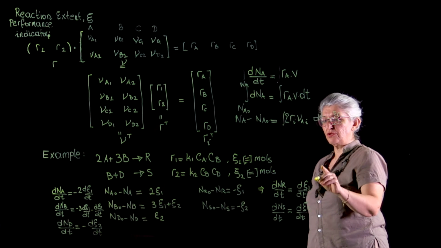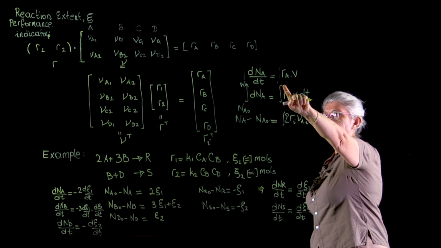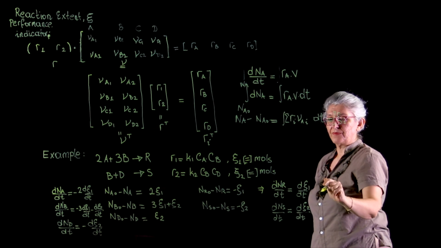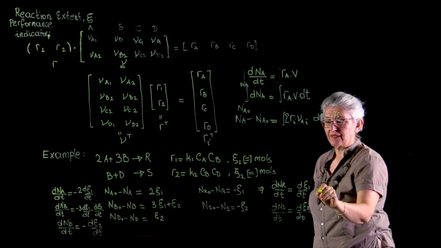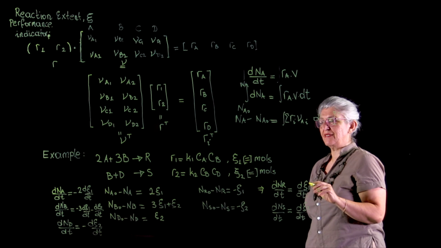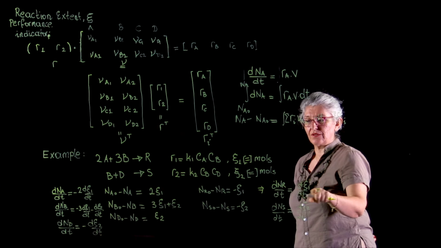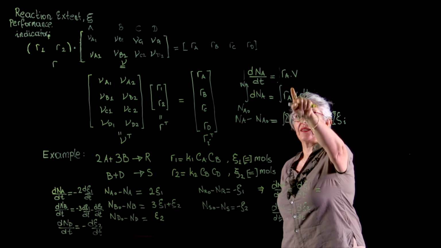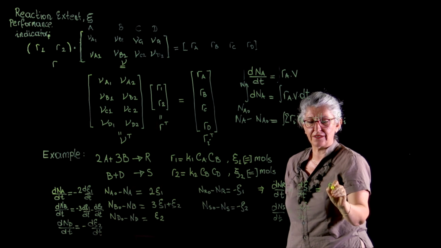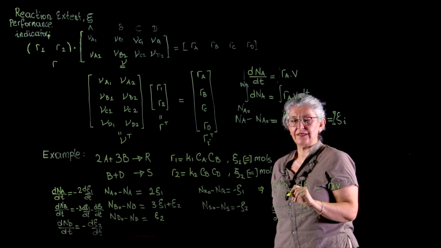Now we are going to introduce the design equation. Instead of dNA or dNR, we're going to write the reaction rate with respect to R. So this is going to be R times V, right? What is R?